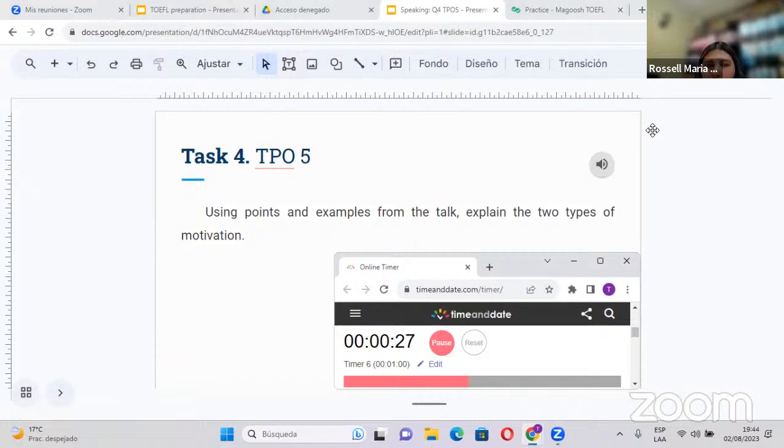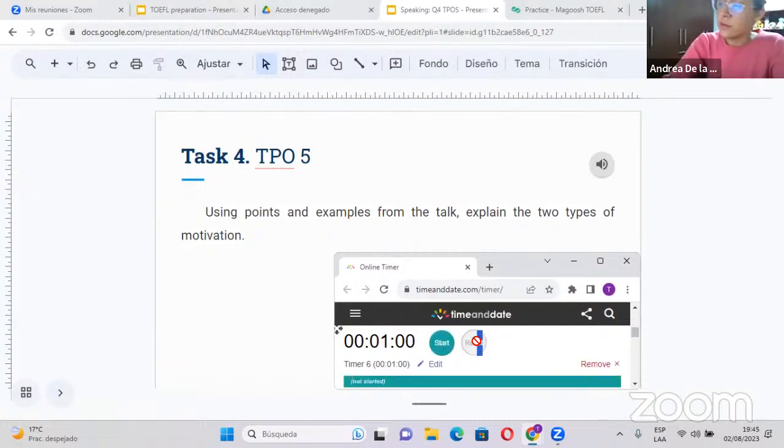And second, the professor explains extrinsic motivation. And in this case, I'm not sure, Miss, about the topic. I just understand one topic well.